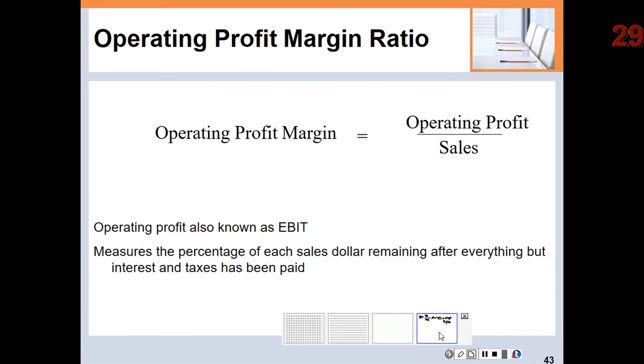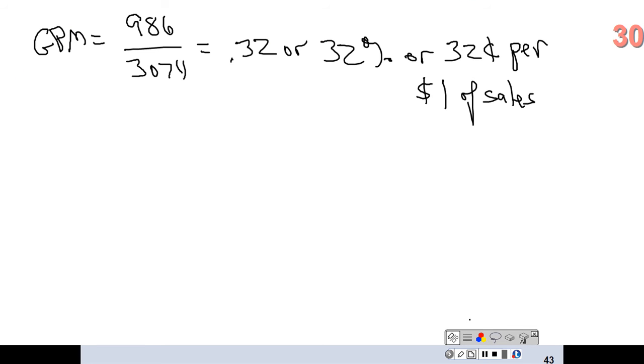And I'll go back to the same one here. Okay, so operating profit margin, so that's 418 divided by sales of 3,074. And so that equals how much? 0.14.